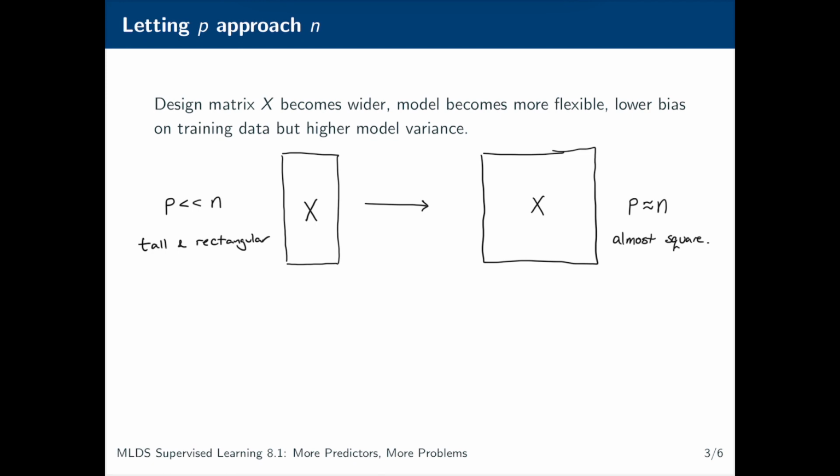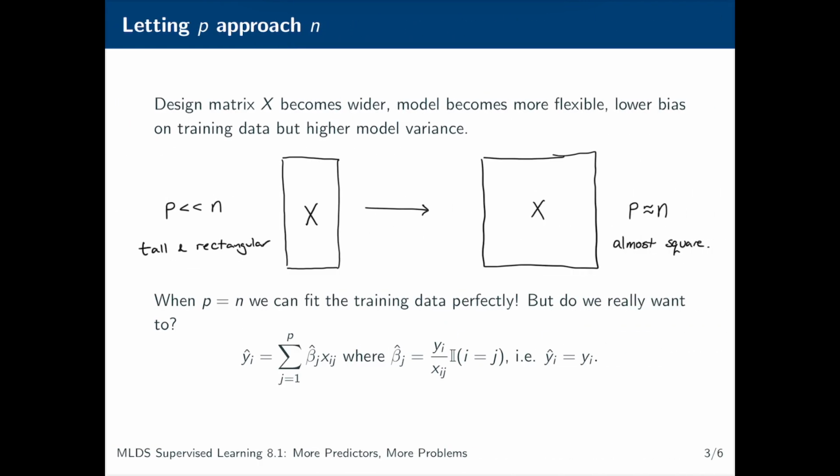When p is much less than n, our design matrix is going to be tall and thin, and as p approaches n, this matrix is going to become more and more square. When p is equal to n, then our design matrix will be square, and we'll be able to fit our training data perfectly, provided our predictors are not linearly dependent on one another.